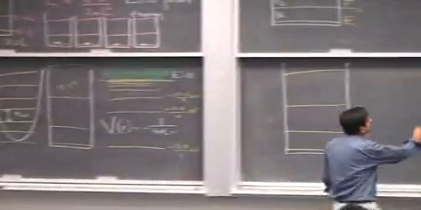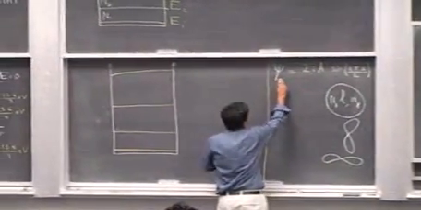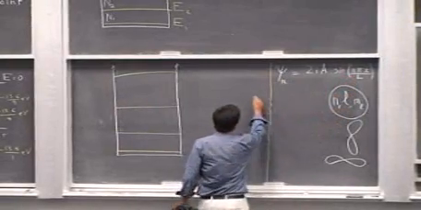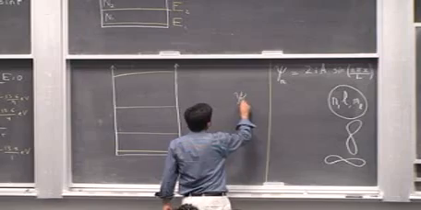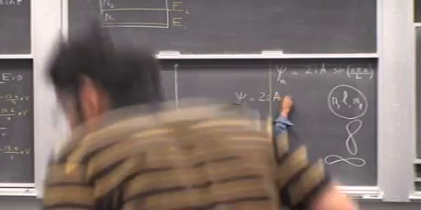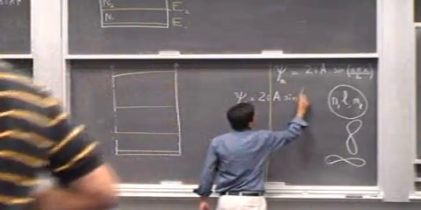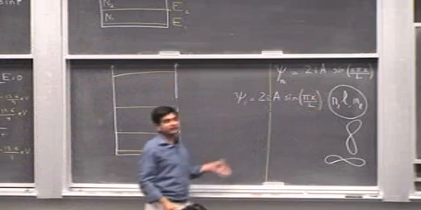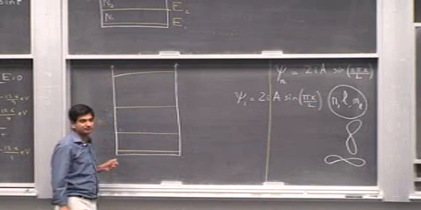Suppose I can put a small n here with the wave function because there is an n here. Suppose for simplicity I take n equals 1. So psi 1 equals 2 iota a sine of pi x over L. Okay, so this is the wave function in the ground state.